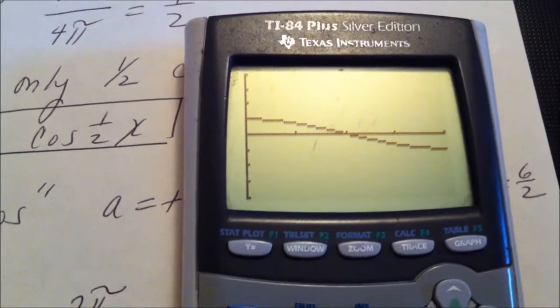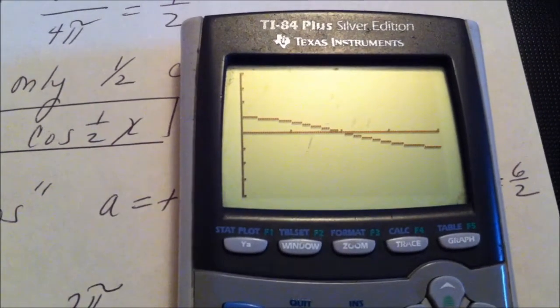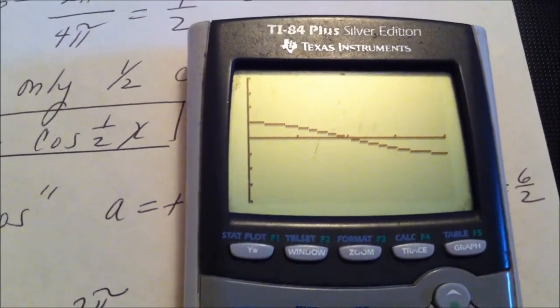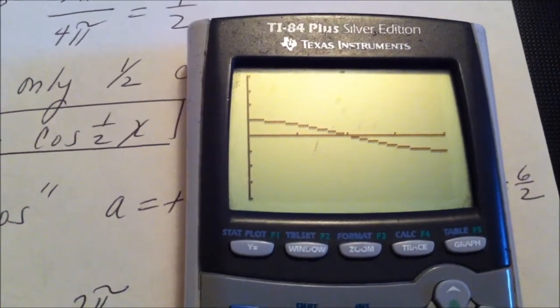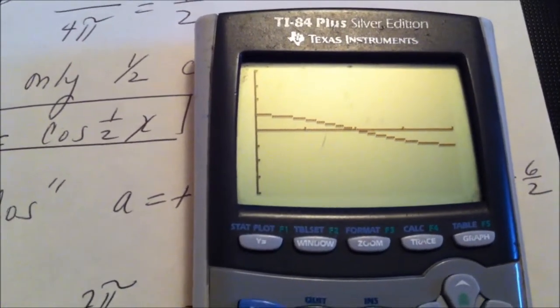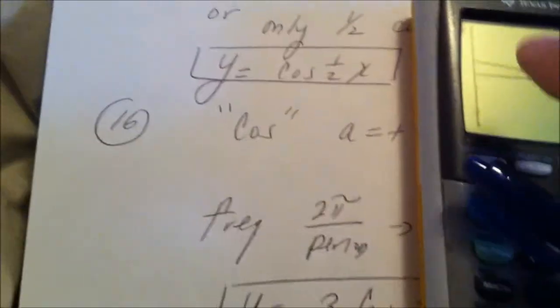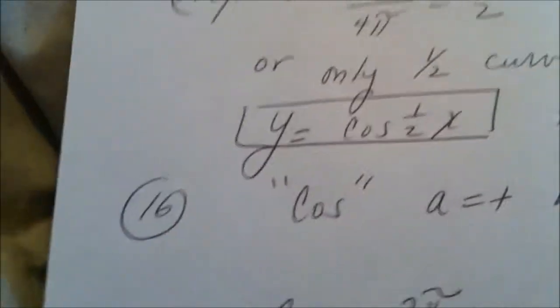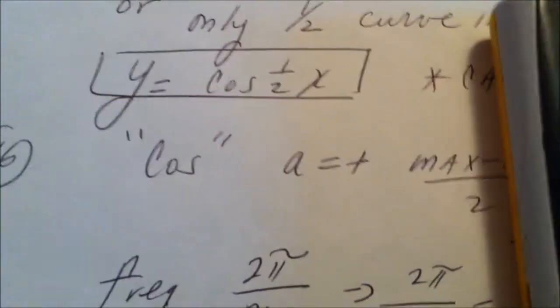You could have done this, since it was multiple choice, with back substitution: put all 4 equations into y1, change your window after you zoom 7, and see which one matches the picture exactly. Now, number 16 was a little bit different. Yes, it's a cosine curve, but you don't see 2 pi on the x-axis.